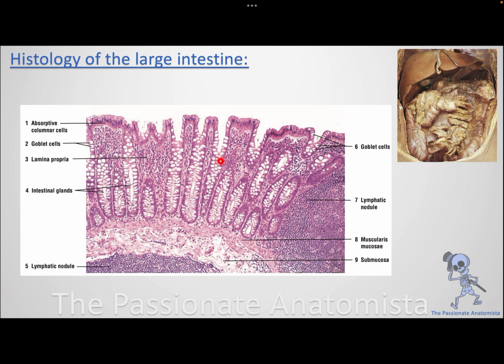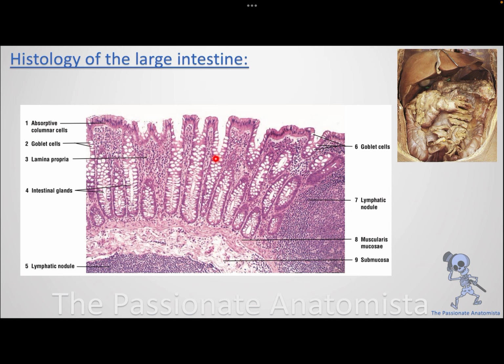So I have a lot of goblet cells, and these are lining my intestinal crypts. Remember that we had gastric pits, the foldings between the gastric glands themselves.